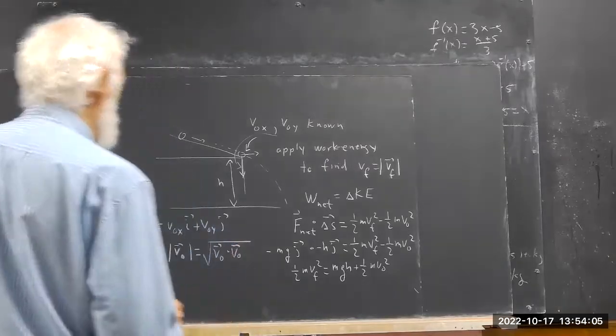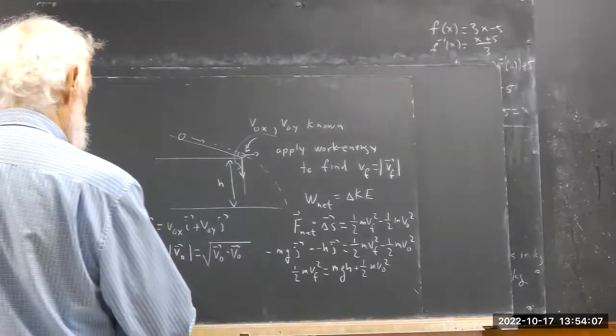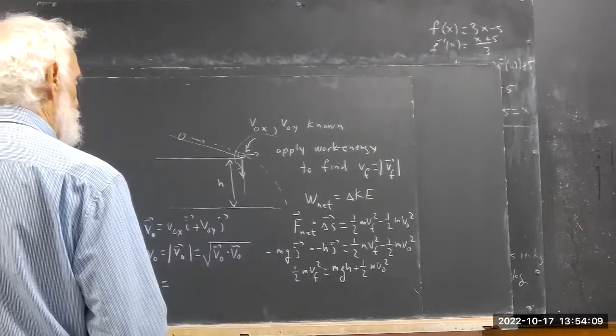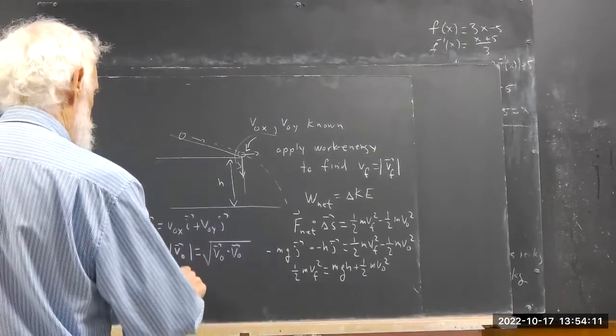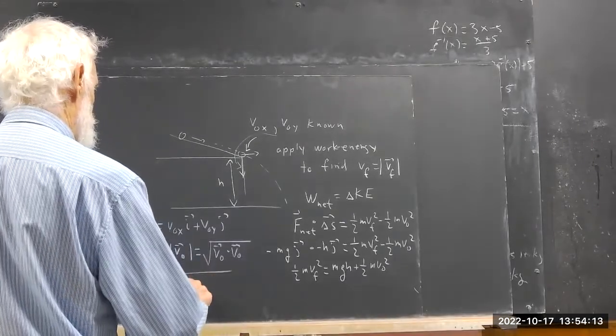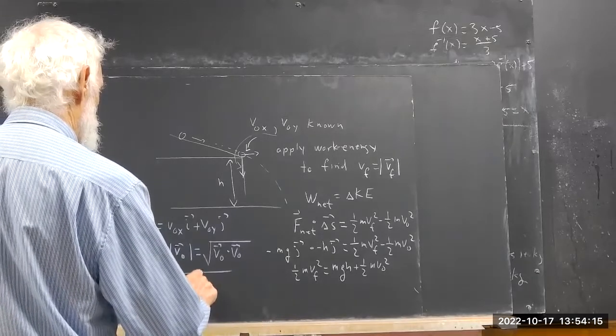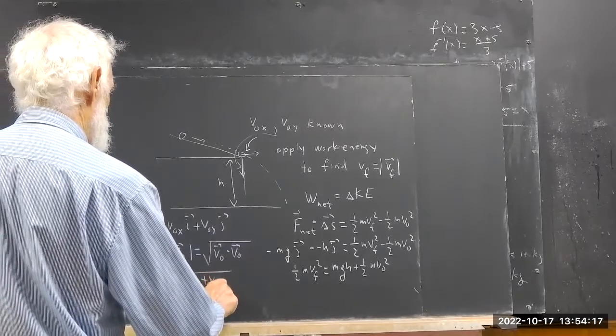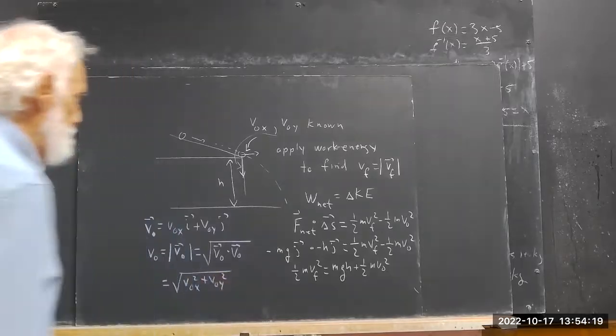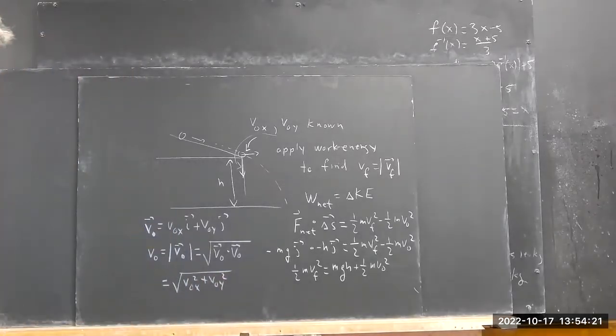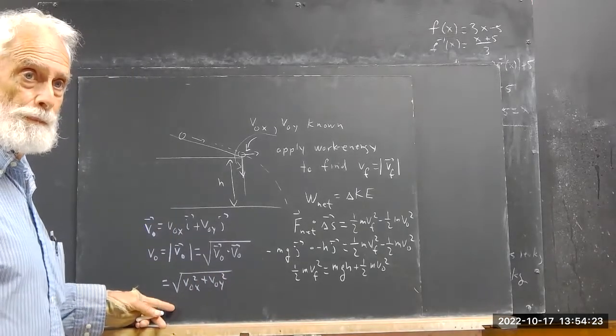And again, the Pythagorean theorem is fine. If we do v naught dot v naught, we end up with the same thing.